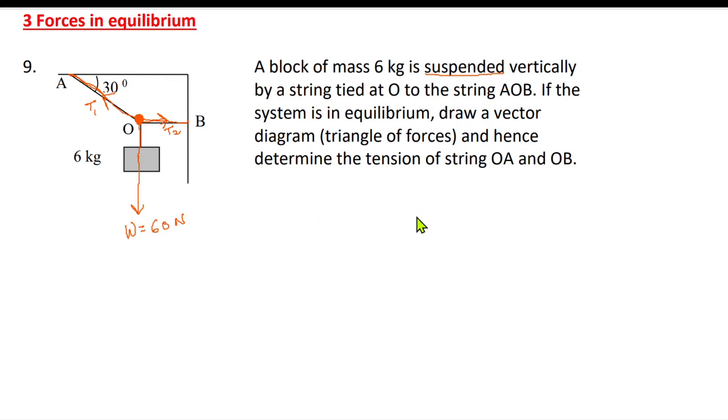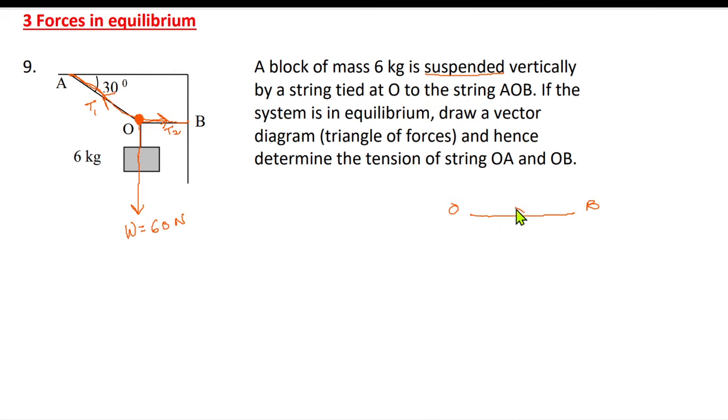Alright, so we are going to draw the triangle of forces. Alright, so I will start with my T2. Okay, T2 is going to the right. Maybe I just put here O, here is our B, so that you know where we are looking at.